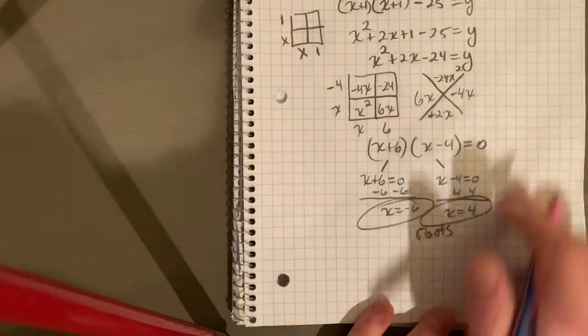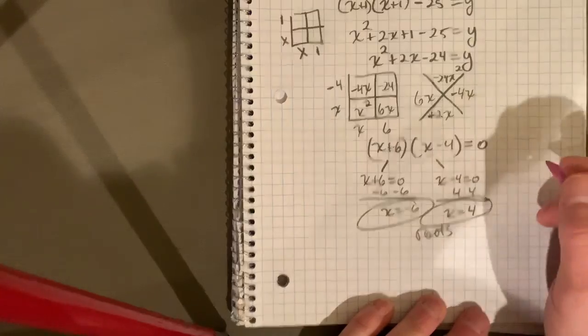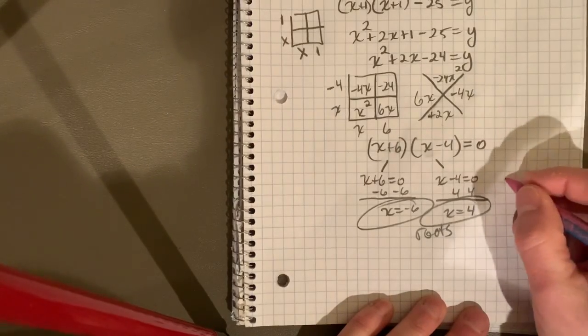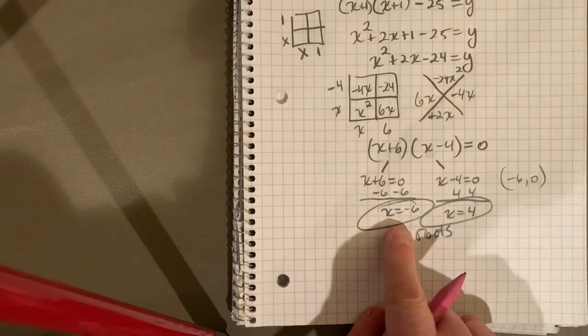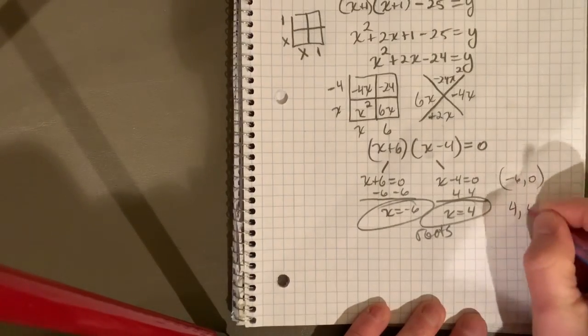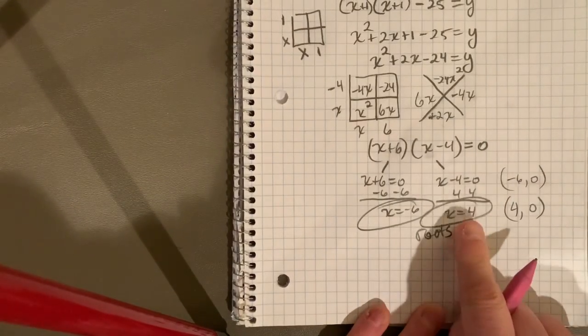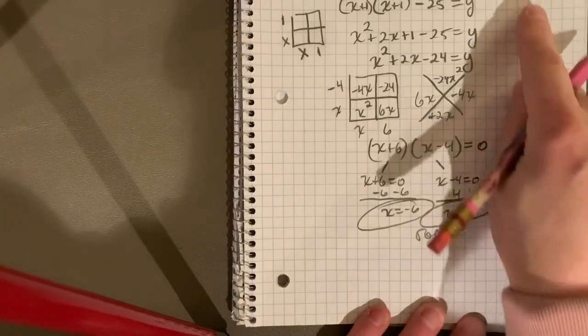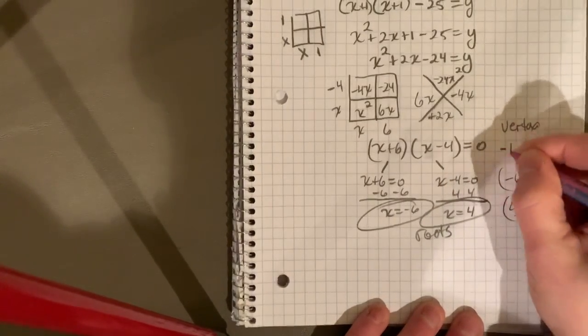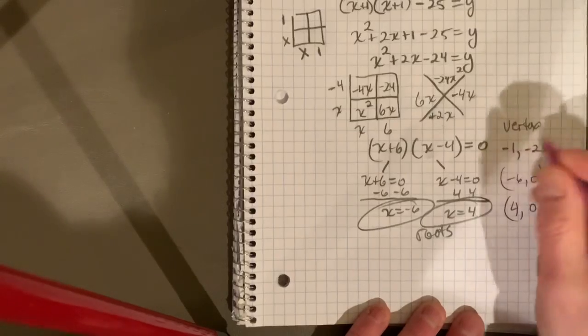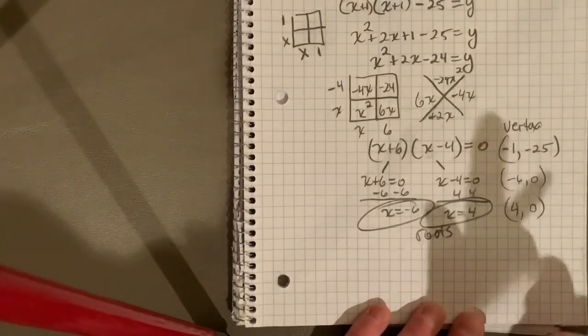So now we have 3 points on this parabola. We have -6, 0, which we get from this root. We have 4, 0, which we get from this root. We have the vertex, which was -1, -25. We also have one other thing.